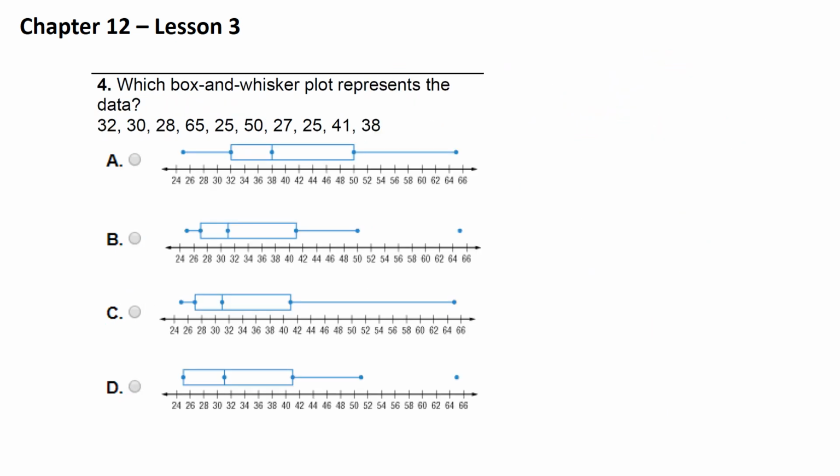Question number 4. Which box and whisker plot represents the data? First we have 25, 25.